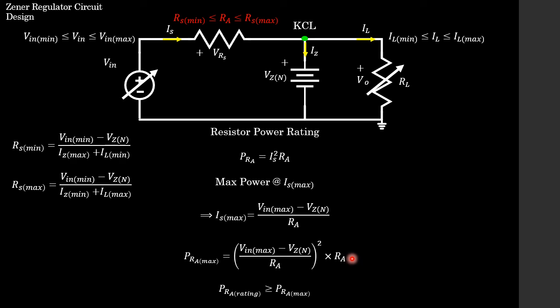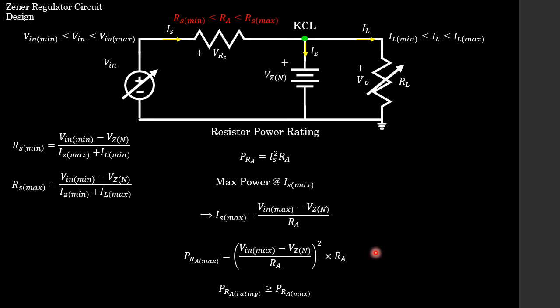And we need to ensure that when we choose Ra, the power rating of Ra is greater than or equal to whatever this power max is that Ra is going to encounter.